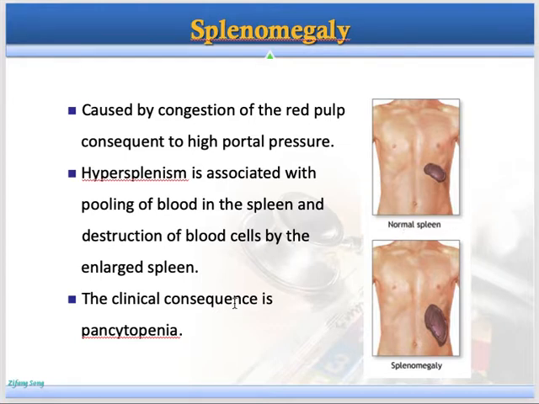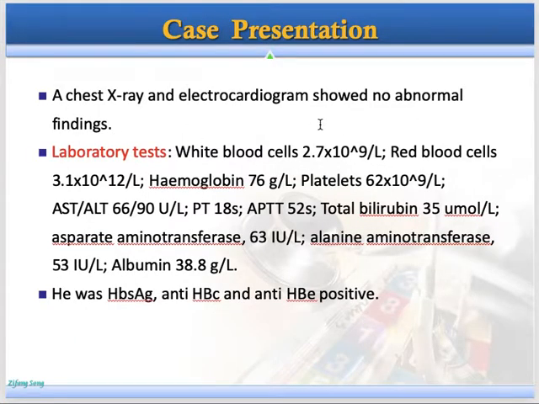That's the reason it can cause pancytopenia. And if you pay a little attention to the case I showed you, in the labs you can see the WBCs, the RBCs, and the platelets are all reduced. So that is a result of hypersplenism.